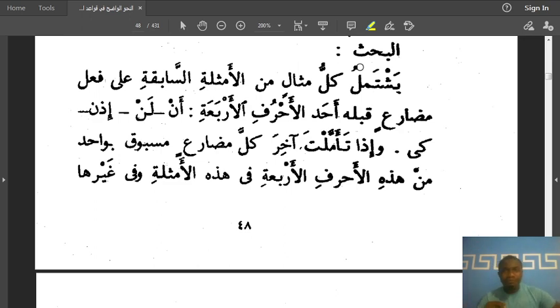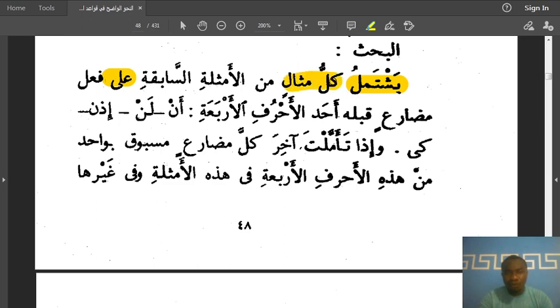Okay. Now, in explaining, the writer says, yashtamilu. Let's keep this expression. Yashtamilu, it comes with ala. You see yashtamilu, you see ala, or ishtamala ala, to contain. Okay. يشتمل كل مثال من الأمثلة السابقة.